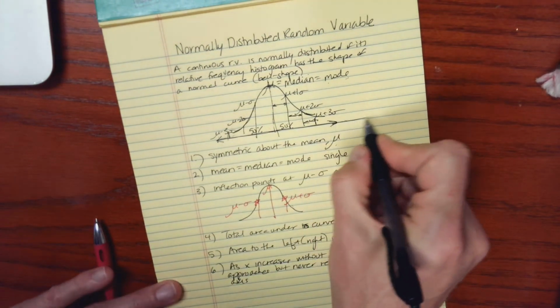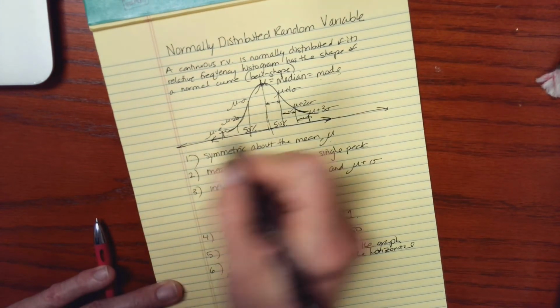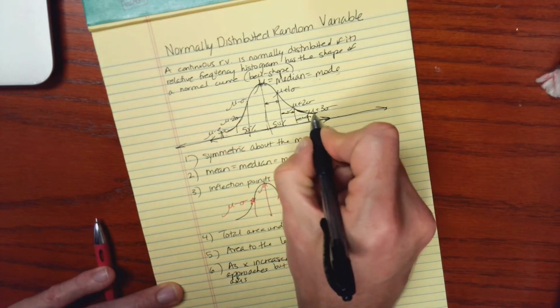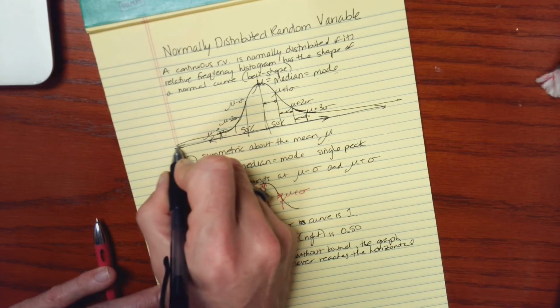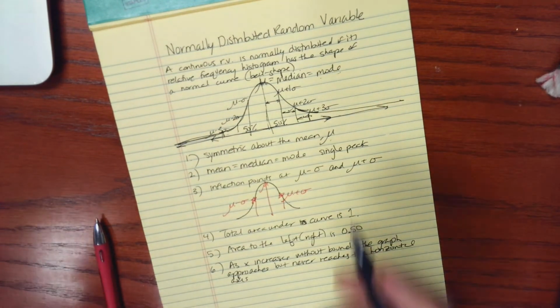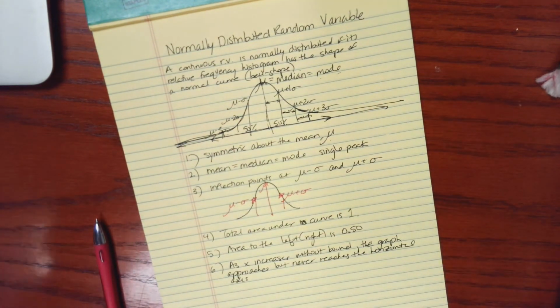This is a number line that goes on and on. What we're saying is that as we go toward infinity, the curve gets closer and closer, but it never actually touches, or certainly doesn't go below, the horizontal axis.